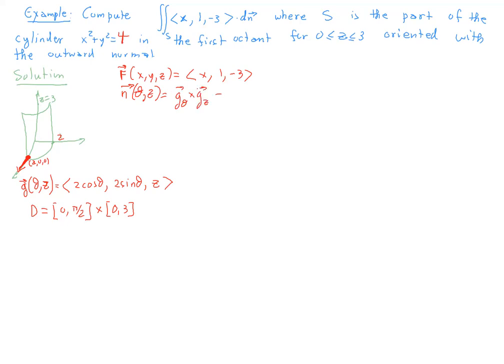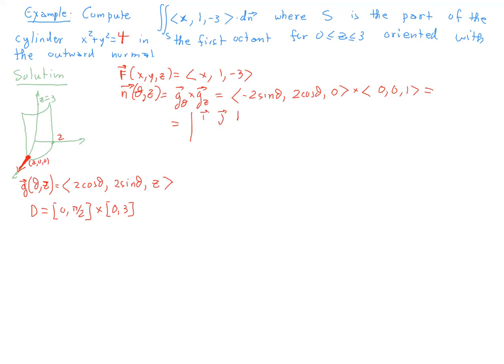And this is going to be minus 2 sine theta, 2 cosine theta, 0, cross with 0, 0, 1. Let's see what we get here.